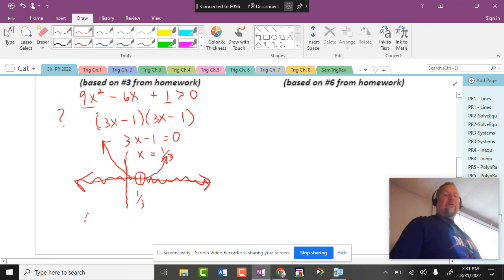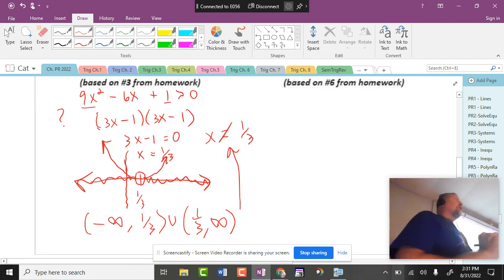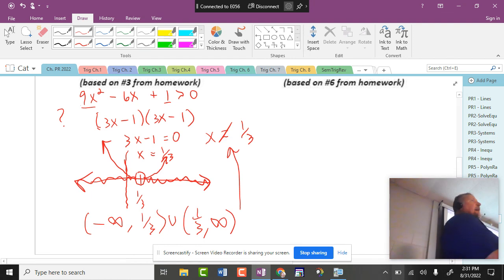But this is what I would call a really special case. And this is weird. This is everything but 1/3. And I should make you aware of this. In Algebra 2 world, this would be this answer: x does not equal 1/3. Because a not equal sign means x equals everything else but that.